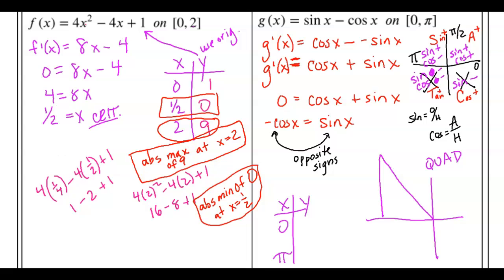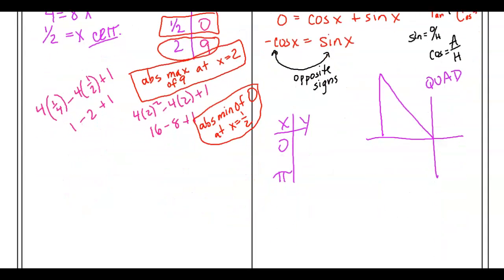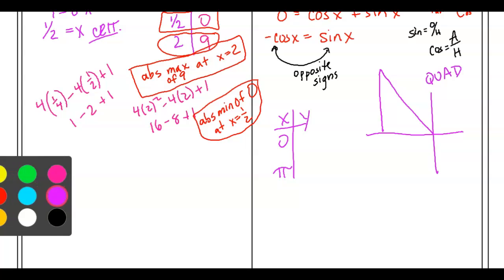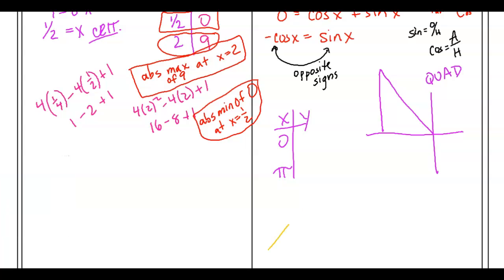I need them to be the same number, but just opposite signs. So remember, you had 2 triangle choices. You had 45, 45, 90, which was 1, 1, root 2. And then the 30, 60 was 1, root 3, and 2.